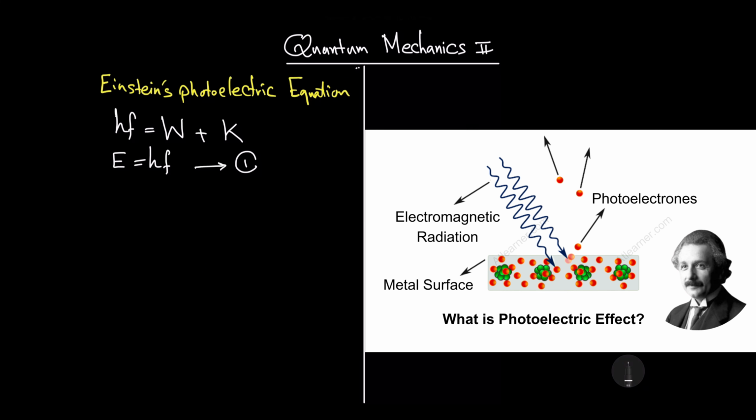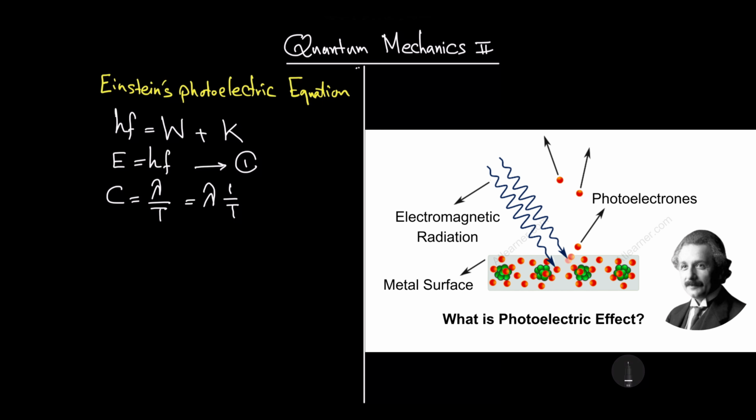Also, as we know, the speed of light equals the distance traveled by the electromagnetic radiation, which is lambda, or the wavelength, or the distance traveled to form one complete wave, divided by the time consumed to form one complete wave, which is the periodic time. Or in other words, the speed of light equals the wavelength multiplied by the reciprocal of the periodic time.